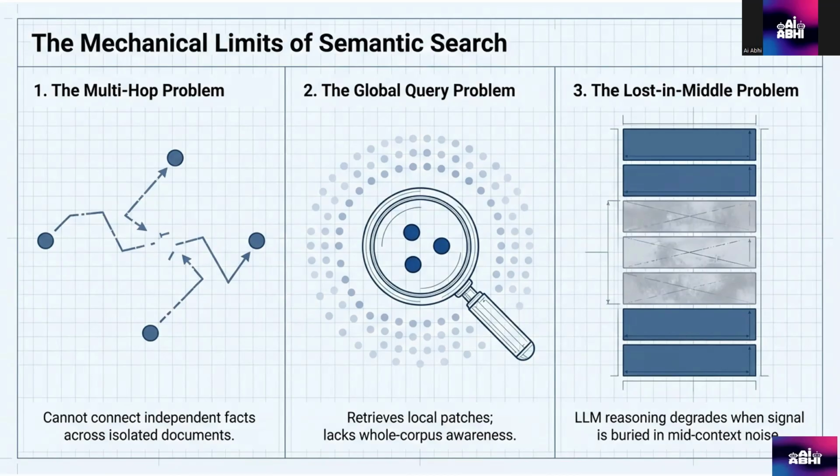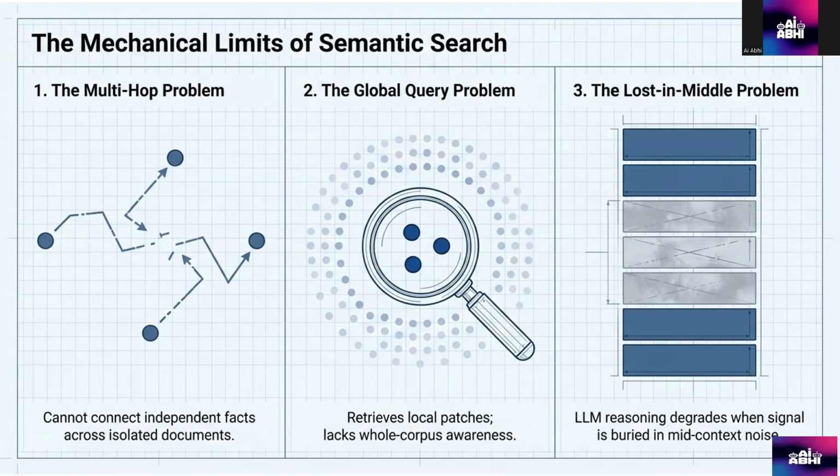Like, what did the CEO of company X say about the product that was later discontinued? Okay, it requires connecting the CEO with company X, and then company X with a specific product, and then that product with the discontinuation event. So there are four separate pieces of information potentially living in four separate documents.